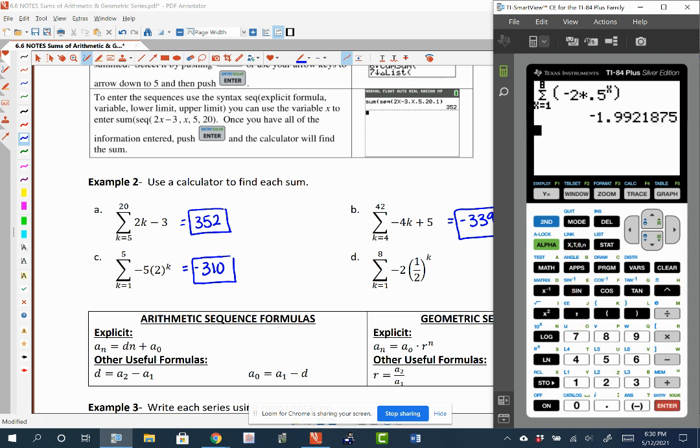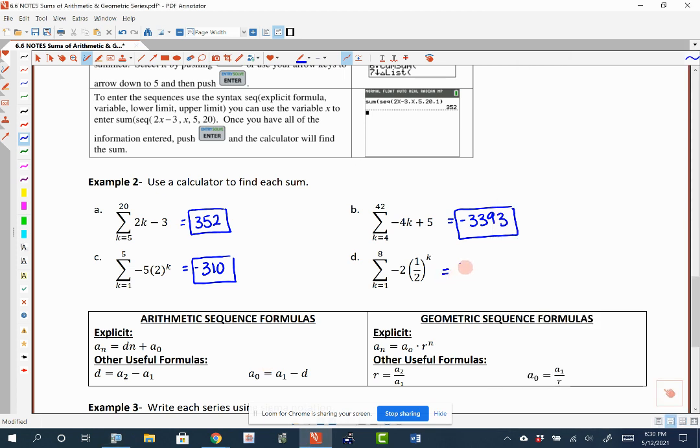So this one's not a whole value. So I would try first to see if it'll change it back to a fraction. If it won't change it back to a fraction, then you're welcome to leave it as a decimal. But if I do my alpha y equals and choose number 4, this one will change it back to a fraction. It's not pretty, but that's what it is. So negative 255 over 128.